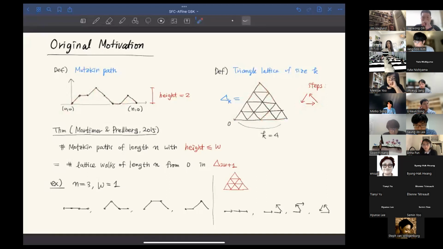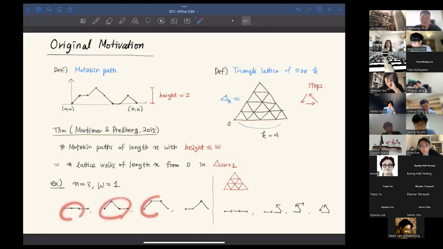Mortimer and Prellberg showed that the number of Motzkin paths of length n with height bounded by w equals the number of lattice walks of length n in this triangular lattice from 0 to anywhere. For example, n equals 3, w equals 1, so the height must be less than or equal to 1, so we cannot go beyond this line.